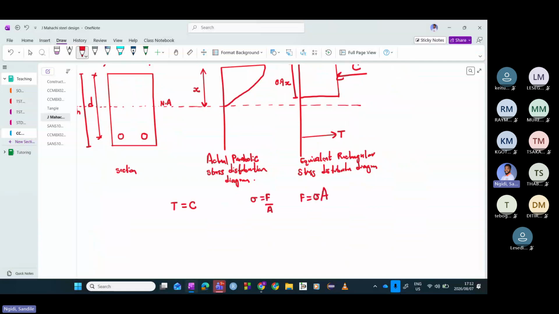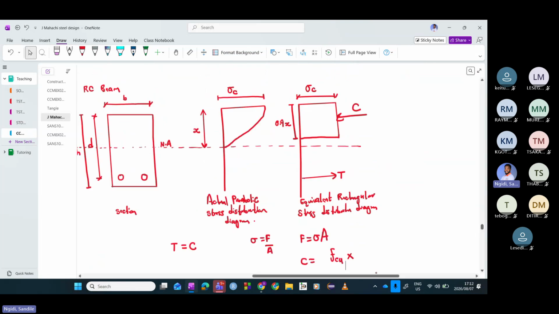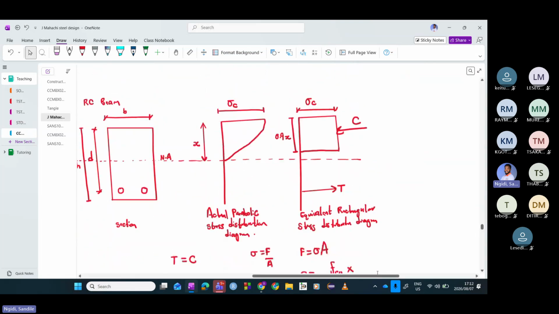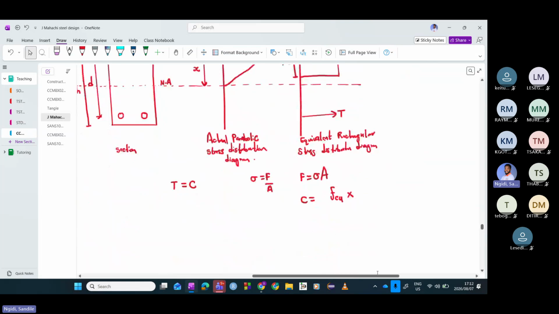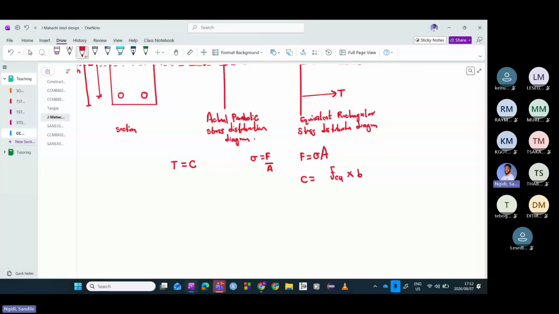For instance, if I want to find this compression force, then it will be the stress in compression, and most of the time this stress in compression is FCU. Then we multiply this by the area, and the area there, you can see, is B multiplied by 0.9 multiplied by X. That's the area. This FCU, we will usually multiply it with a factor of 0.67.